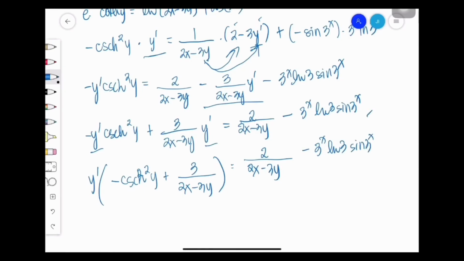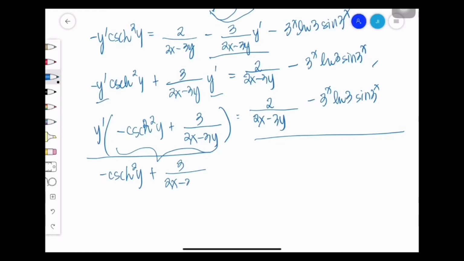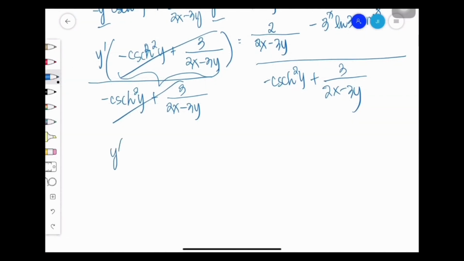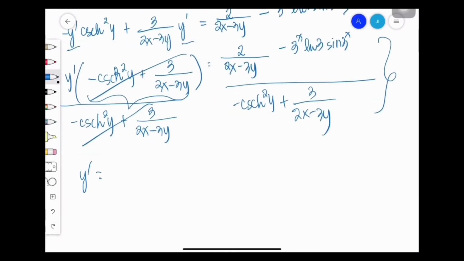Do you follow? Then last thing we need to do is divide both sides by this entire factor. Dividing both sides by negative hyperbolic cosecant squared y plus 3 over 2x minus 3y, this will cancel out. We'll get y prime to be this thing. So let's just simplify this complex fraction.